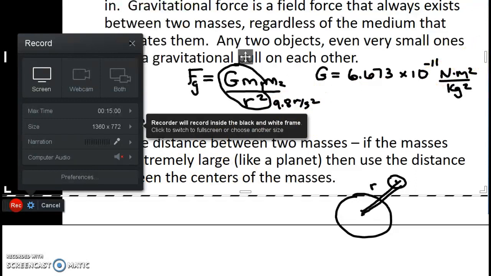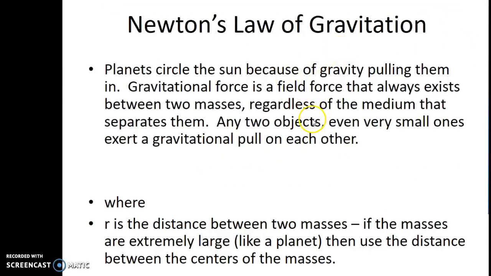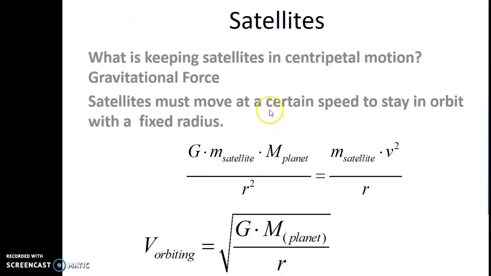So let's go ahead and put this into motion here. The gravitational force is keeping satellites in motion. When we go to calculate this using Newton's law of gravitation, we have the mass of the satellite, mass of the planet, usually it's Earth that we're putting satellites around, but I guess you never know, equals mass of satellite times v squared over r. So this is your centripetal force requirement. This is your gravitational pull requirement.